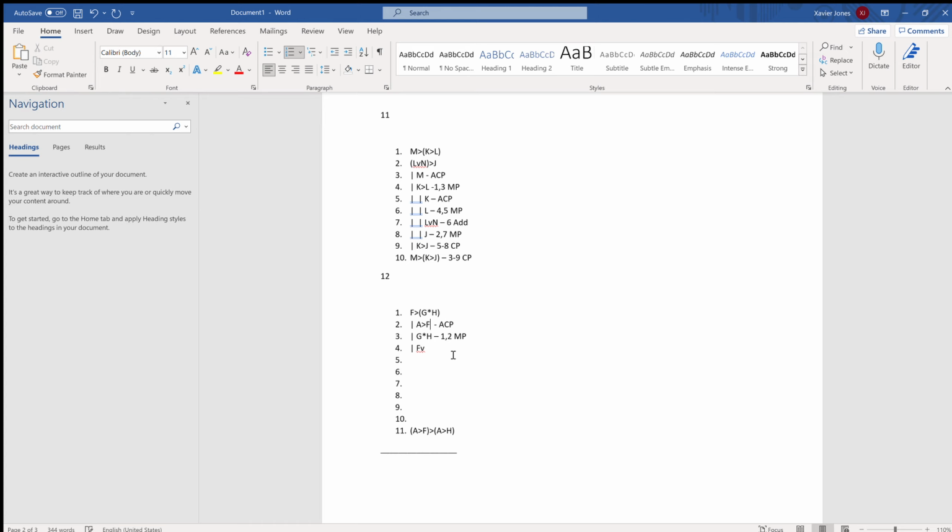If A, then F is going to be our assumed conditional proof. Then we're going to assume A. And then we'll go in the same way that we kind of did it last time. So then we can prove F using lines 2 and 3, modus ponens.